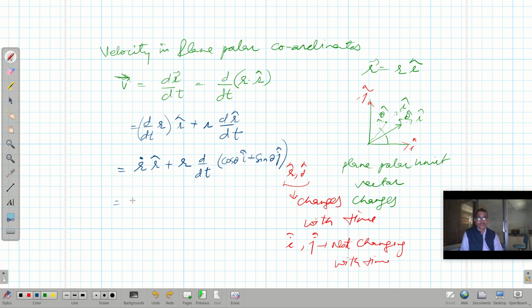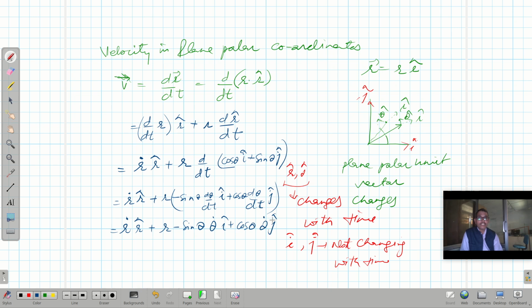So it is r dot r cap plus r into the derivative of cos, which is minus sin theta, and again the derivative of theta, d theta over dt, with i cap as it is, plus cos theta d theta over dt with j cap as it is. So it is r dot r cap plus r times minus sin theta theta dot i cap plus cos theta theta dot j cap.